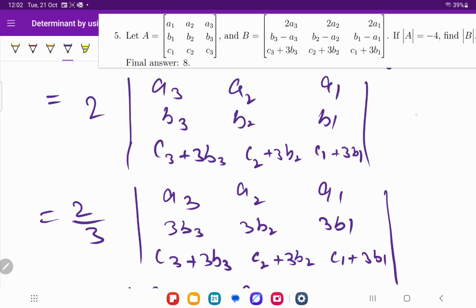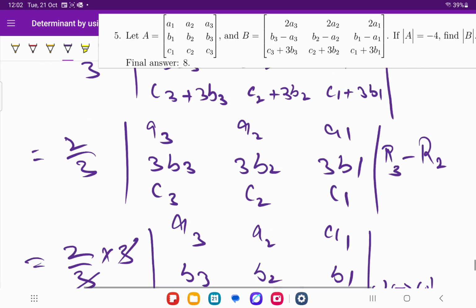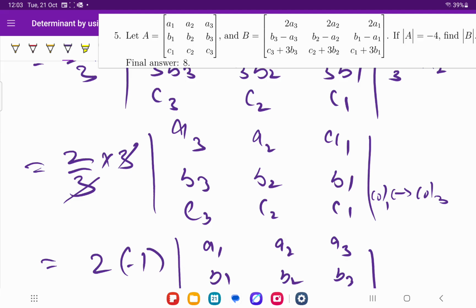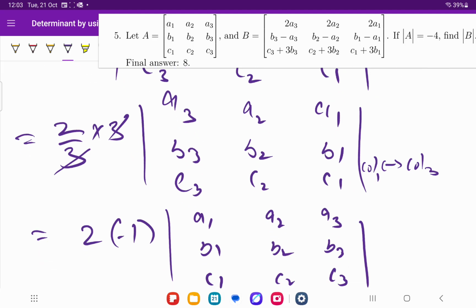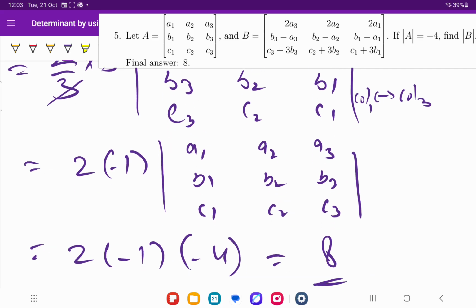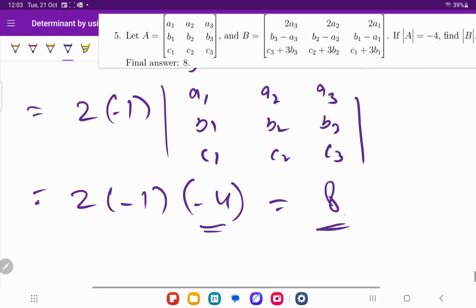So we could write the operation as multiplying row 2 by 3. In order to do this, we have to divide here by 3 as well. Then we subtract row 2 from row 3 to get this row formulation, and finally we interchange column 1 with column 3 to get the shape which is given, and the determinant is given as minus 4. So we place the value here, and finally this is the answer.